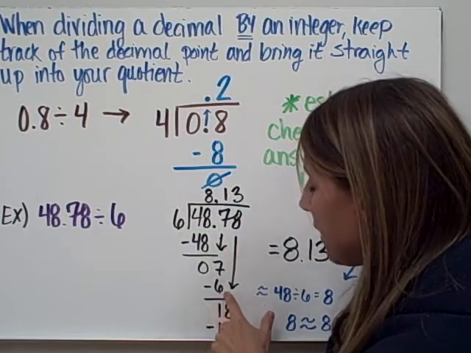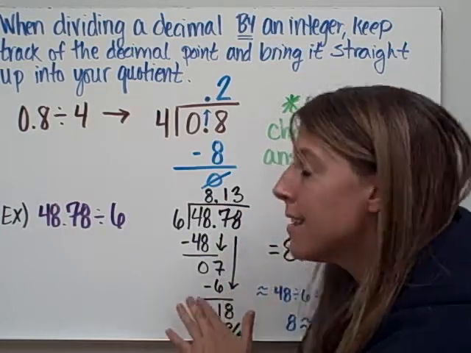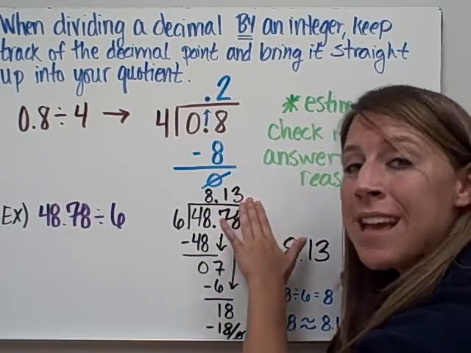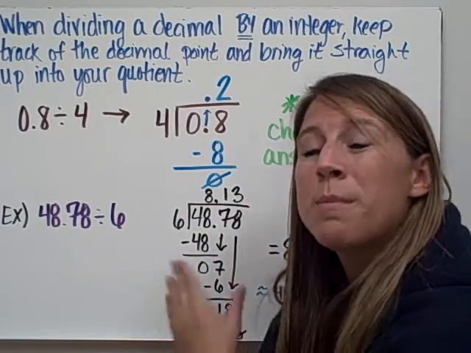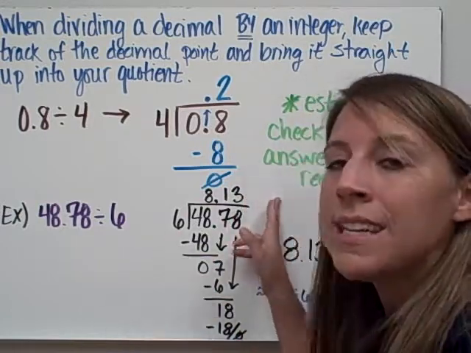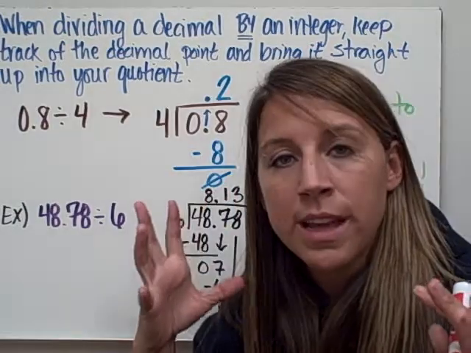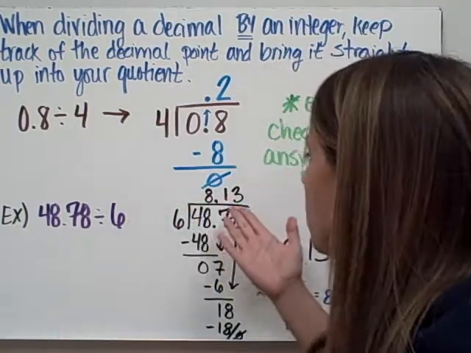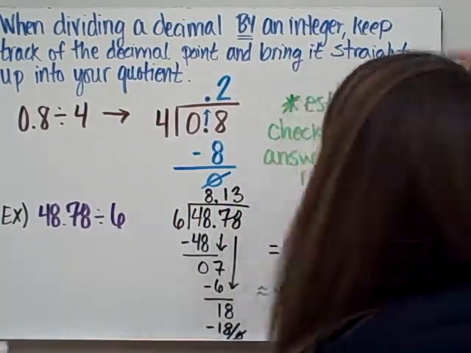I subtract that away and I get 1. And I bring down my remaining 8. 6 goes into 18 3 times evenly because 3 times 6 is 18, and I'm left with nothing. My solution is 8 13/100ths. And we said before that 8 would be a reasonable answer. It's wonderful that we came up with something close to 8 because it makes us feel really confident in what we came up with.